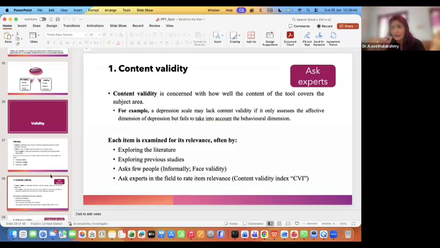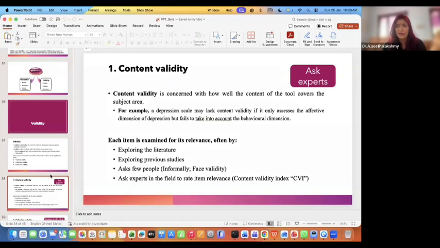Not enough. The next thing, more important, is to ask the experts in the field. Who are the experts? You don't know? No, it's not like that. See, if you are asking experts, give it to those who are very much related to, maybe, pain management.